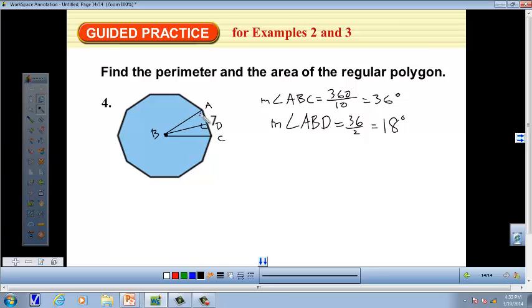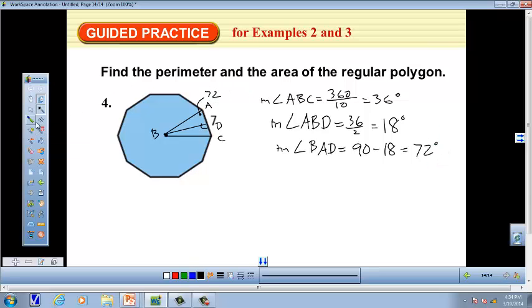And then I want to know what this angle is. I just like that angle better. I'm going to do the measure of angle BAD, which is 90 minus 18, which is 72. So this angle is 72.